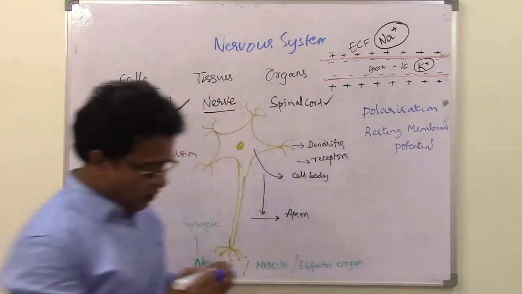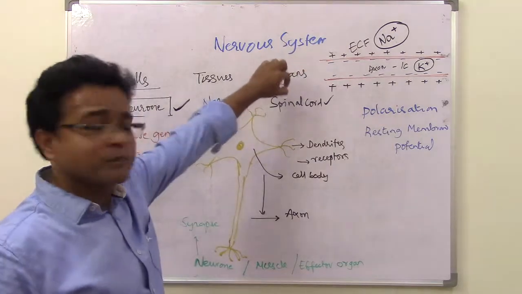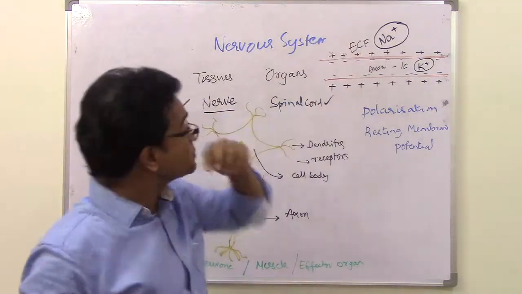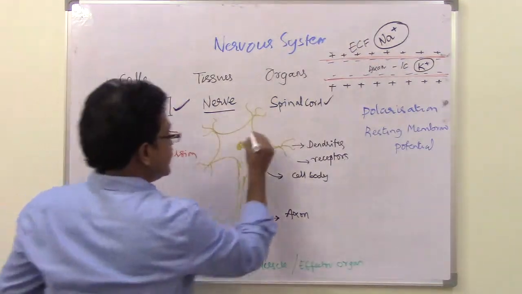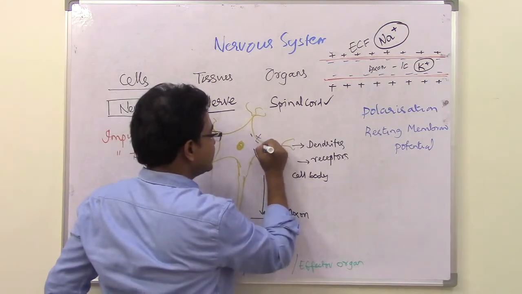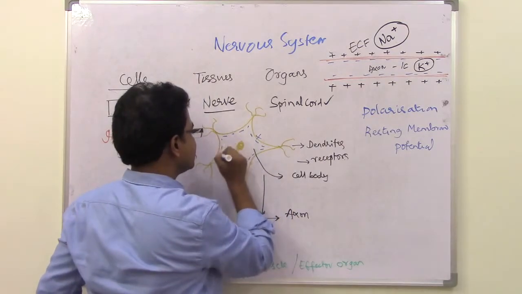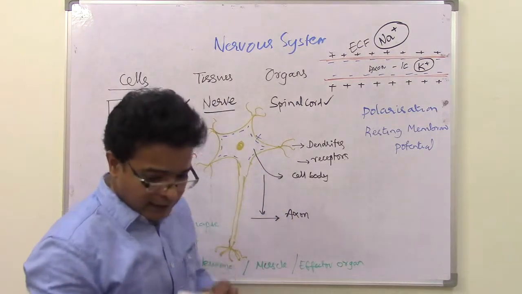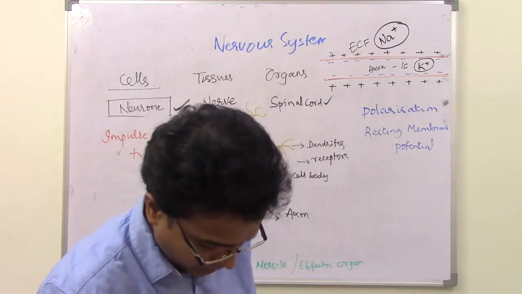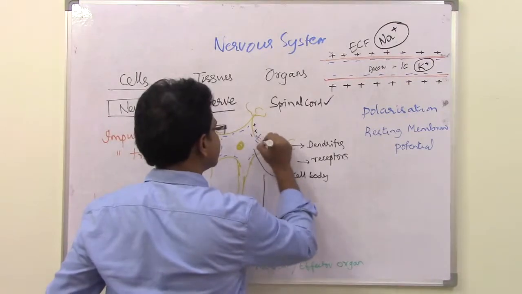Right? Now we stimulate this axon or cell body. Now, if we stimulate here, we are changing the negatively charged environment inside the cell, and here we have a positively charged atmosphere outside.